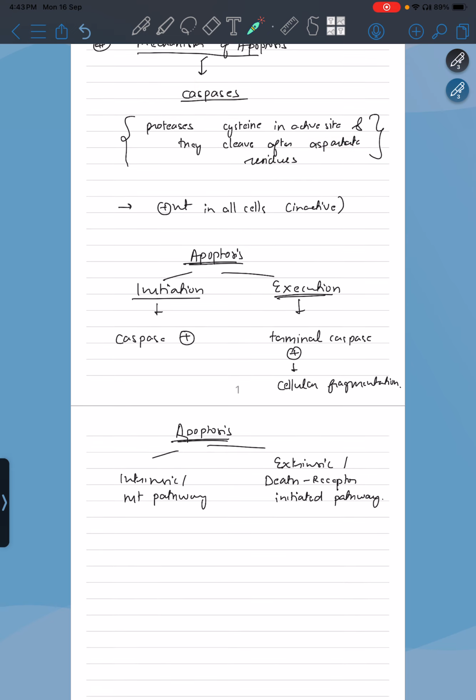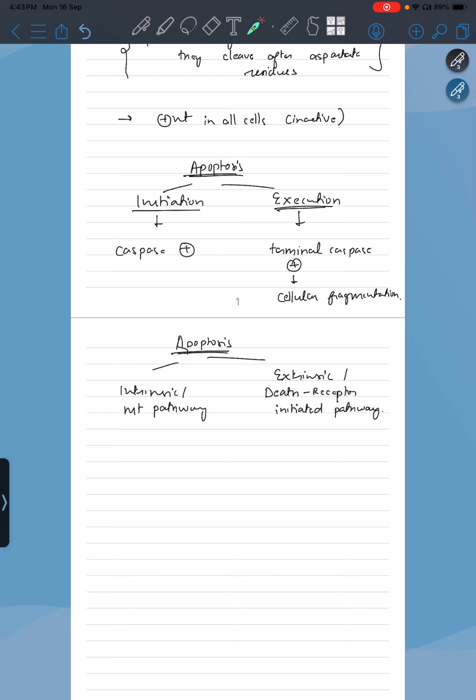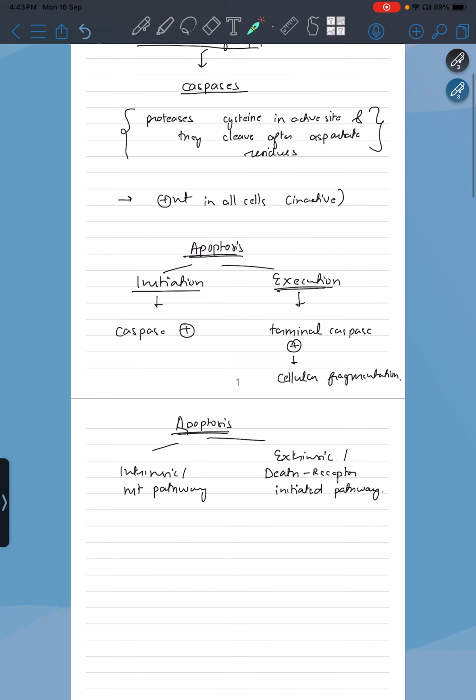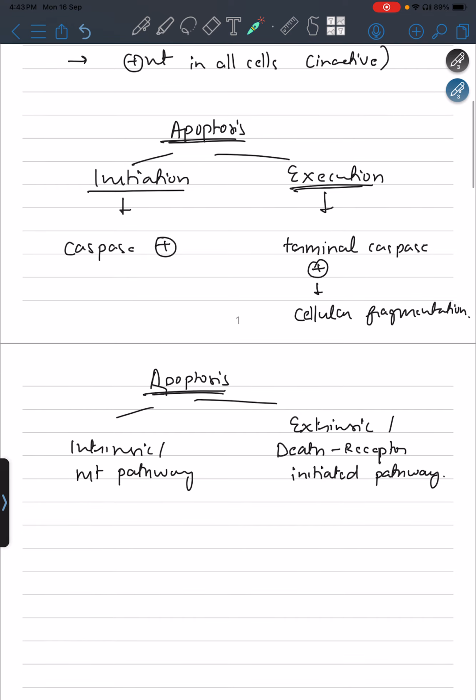These enzymes are present in all the cells but in an inactive form, and whenever cellular damage occurs or the survival signals or growth factors of the cell are lost, these caspases are activated and produce apoptosis, which we will see.